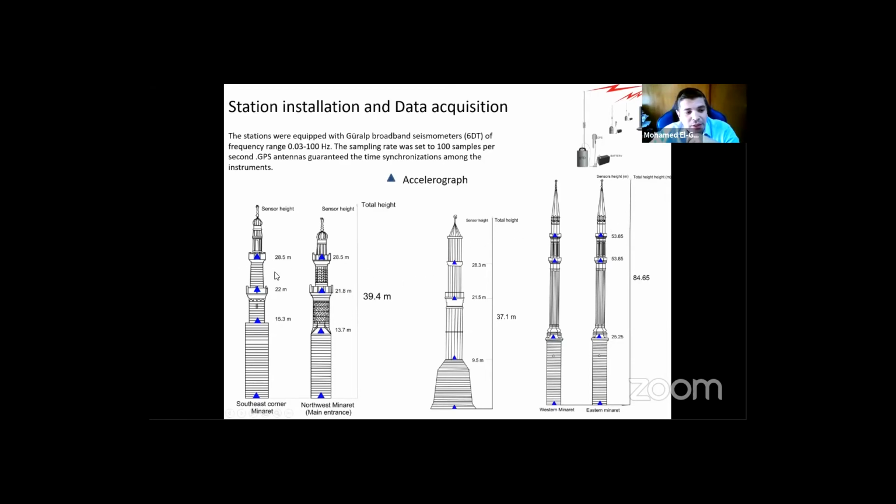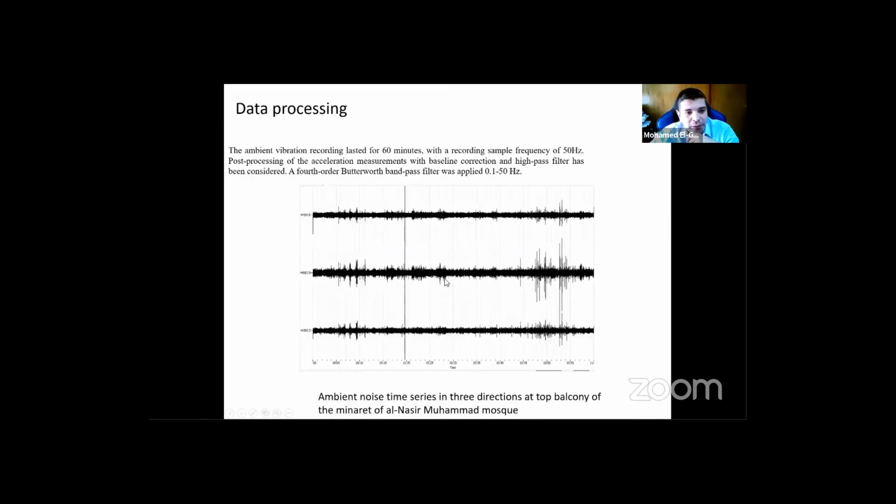in Cairo. In this slide, you can see all the minarets of the Citadel of Saladin in Cairo: the two minarets of Muhammad Ali, the minarets of Sulaiman al-Khadim or Sariyat al-Jabal, and the two minarets of Qalawun. We conducted measurements of the ambient noise and the spectrum.